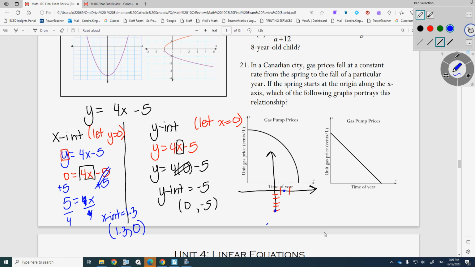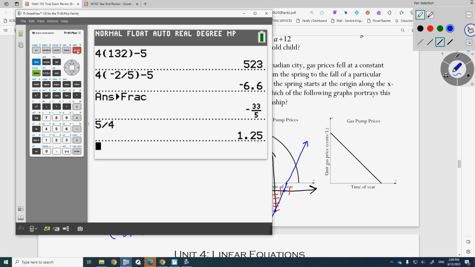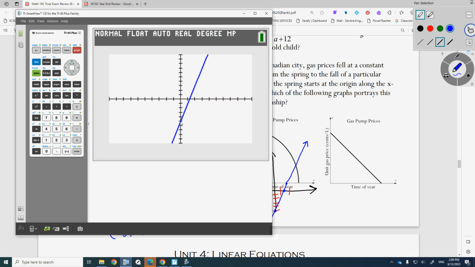If I connect these two dots with a ruler and a straight line, that's what the graph would look like. And if I compare to this guy, my y-intercept is at negative 5, and my x-intercept is about 1.3. Okay?